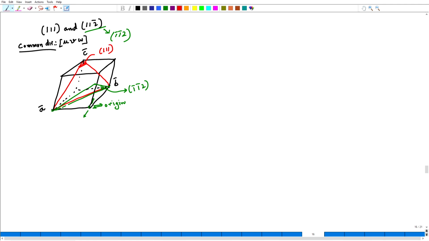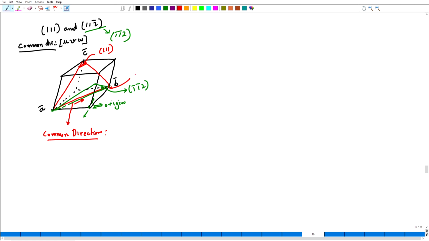In this figure itself, it is very clear that the common direction is along the face diagonal in this way, and clearly you can find out its Miller indices. You could shift the origin, for example, out here.